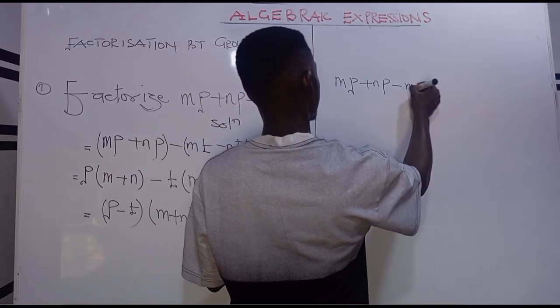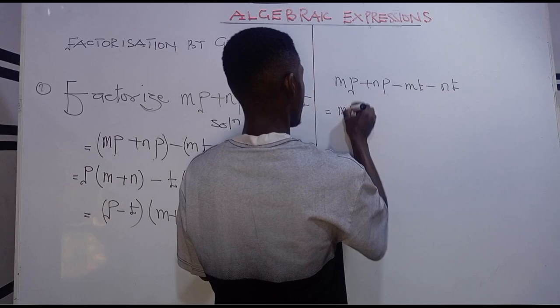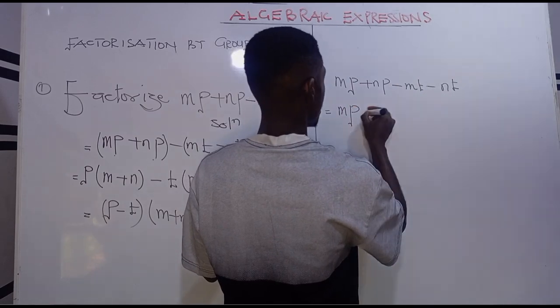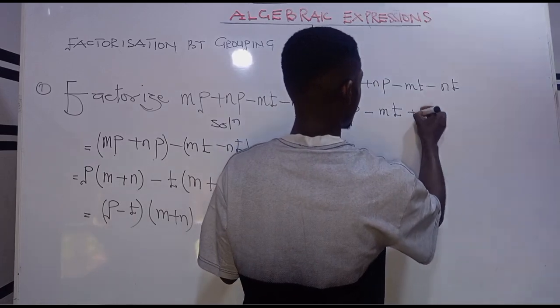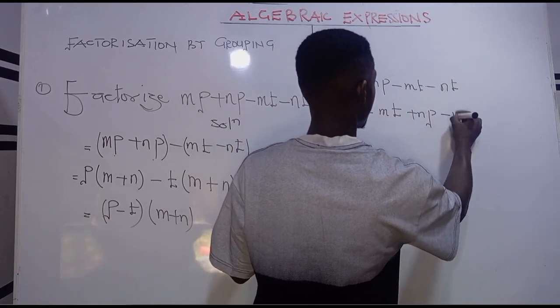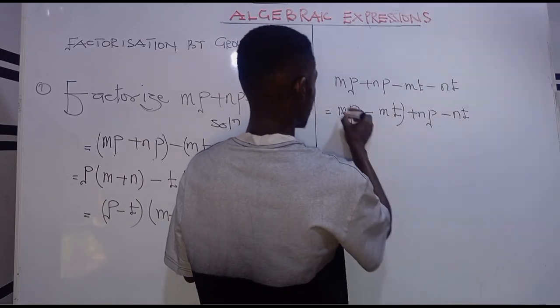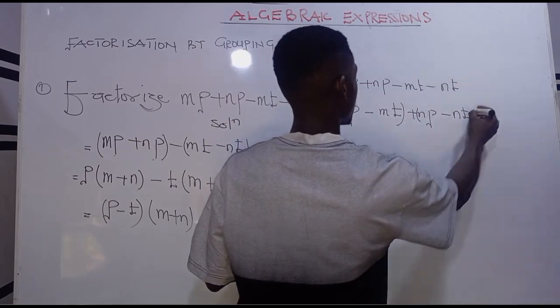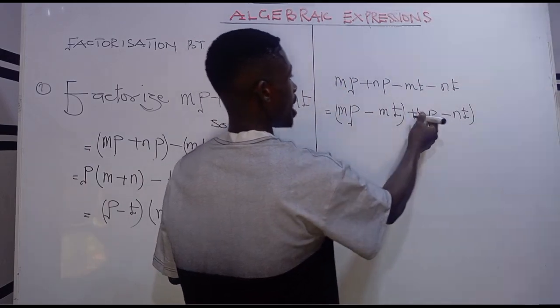So we can group MP and then minus MT. We can also group NP and then NT. So we have this and that because each pair has a common variable, M and N.